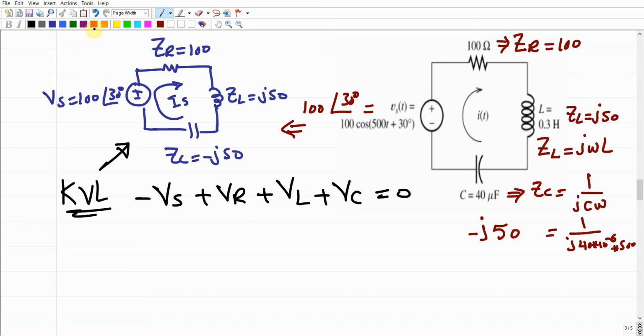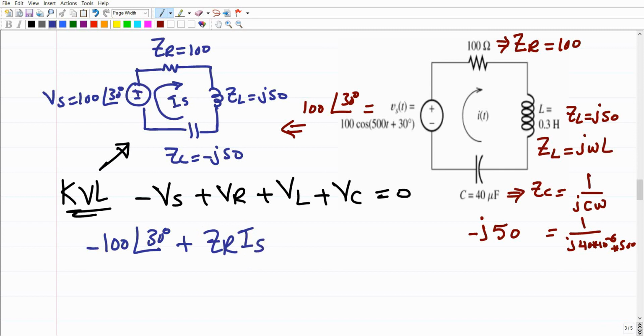How much is Vs? Vs is already given to us by negative angle 30 degrees. This is the phasor form. Plus, how much is Vr? Vr should equal Zr times Is according to Ohm's law. Apply Ohm's law.